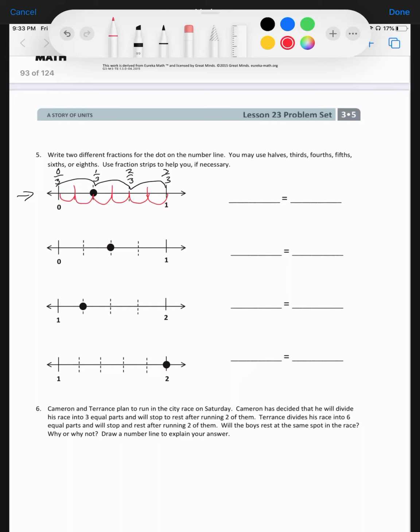Let's label that. It's easier to label it to begin with than to worry about it later and make mistakes. So 0/6, 1/6, 2/6, 3/6, 4/6, 5/6, and 6/6.